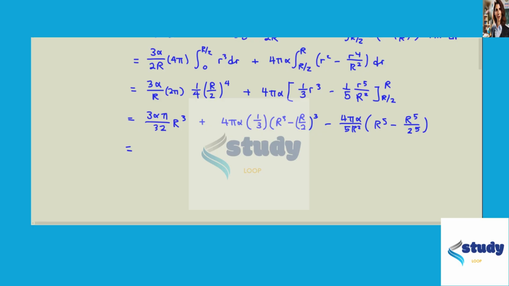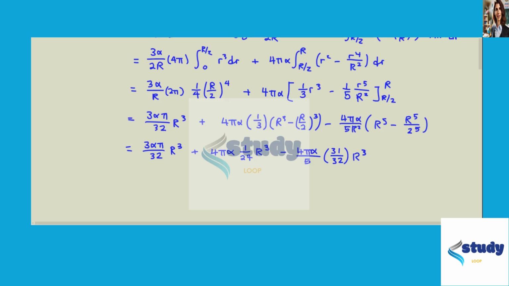Continuing, we get 3 alpha pi divided by 32 R cubed, plus 4 pi alpha times 7 over 24 R cubed, minus 4 pi alpha divided by 5 times 31 over 32 R cubed.